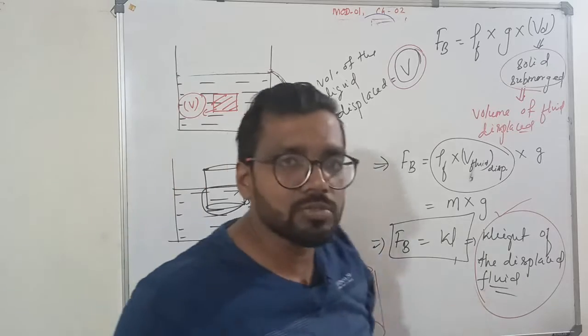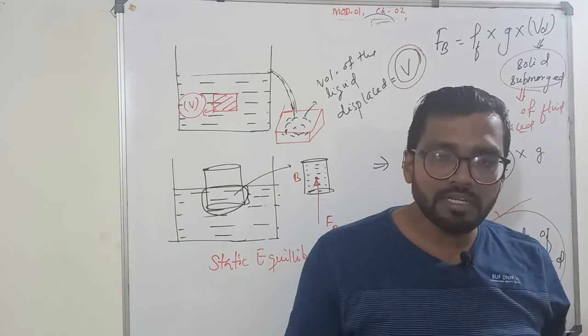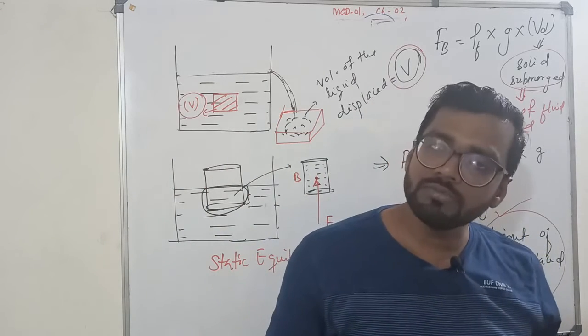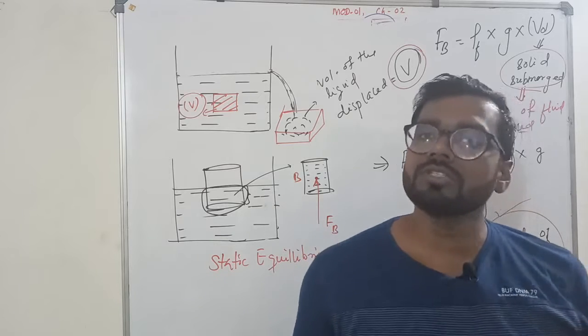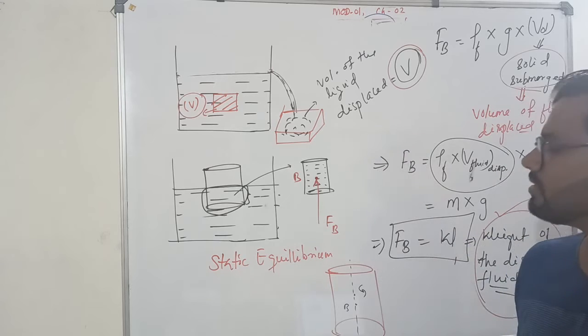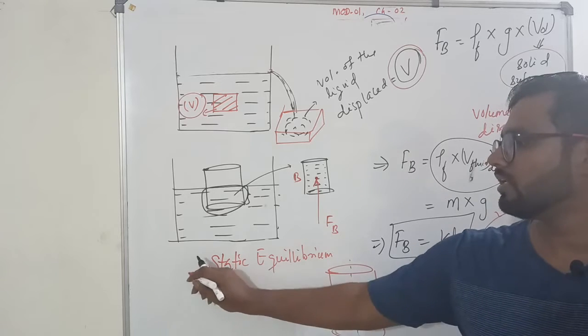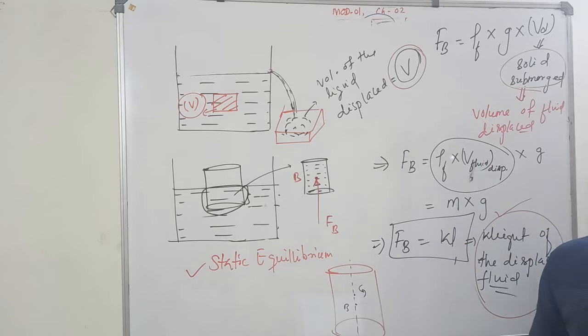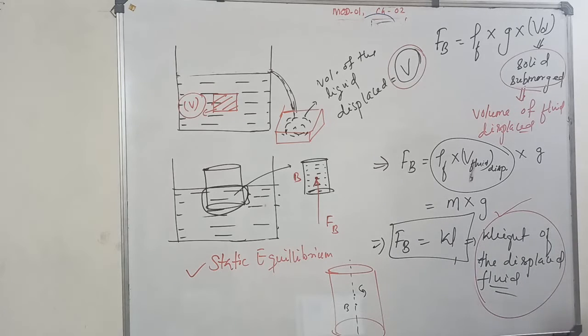Because the net force has to be 0, and in order to have a net force of 0, the net moment also has to be 0. So they both should act on the same line of action. So B and G should be on the same line of action if your body is in static equilibrium. Whatever you want to note down, then you will write the theory of Archimedes principle.